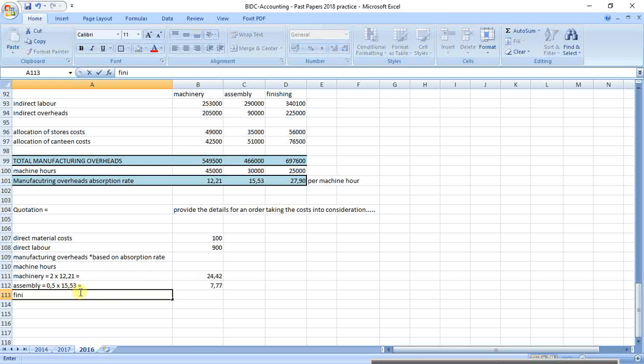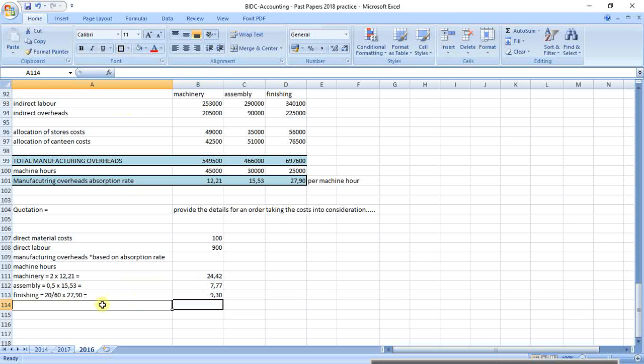Finishing: how many hours? 20 minutes. So 20 over 60 to get hours, which is 1 over 3, times 27,9. So this times 20 over 60 gives you that. Then we add all of those, and you get the quote.